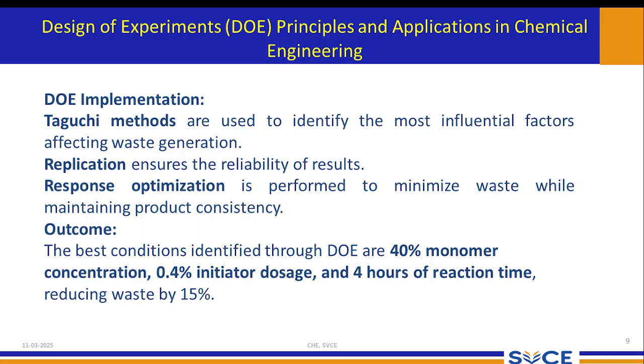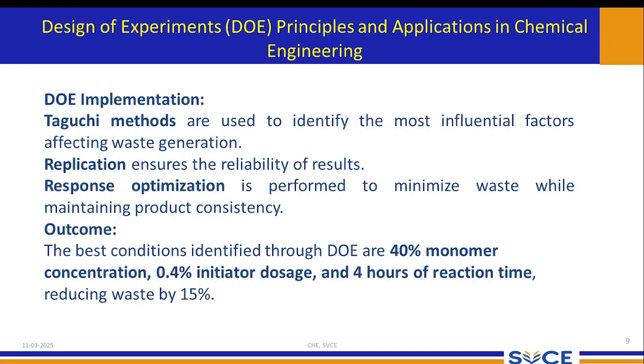Let's say, for example, I have only one significant factor, the monomer, and the other factors do not have much significant effect. Even with 40% monomer, without changing the initiator dosage, you are close to the optimized level at 4 hours of reaction time. If it reduces the waste by 14% or 13%, there is not much significance in having the other two factors, right?